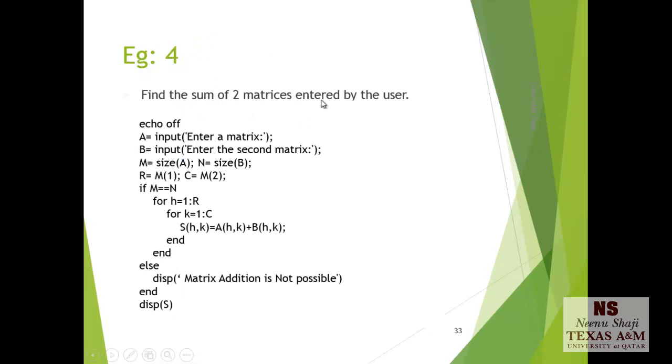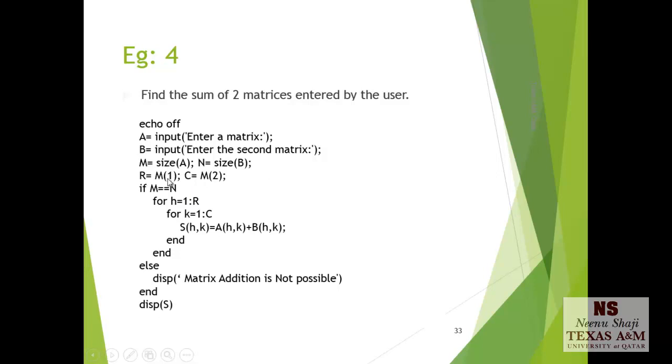Find the sum of two matrices entered by the user. When you have two matrices and you need to find the sum, you have to first make sure that their sizes are matching, which means the row numbers should be equal and the column numbers should be equal. So first input the two matrices, then m is equal to size of A and n is equal to size of B. So we are finding the sizes of the two matrices.